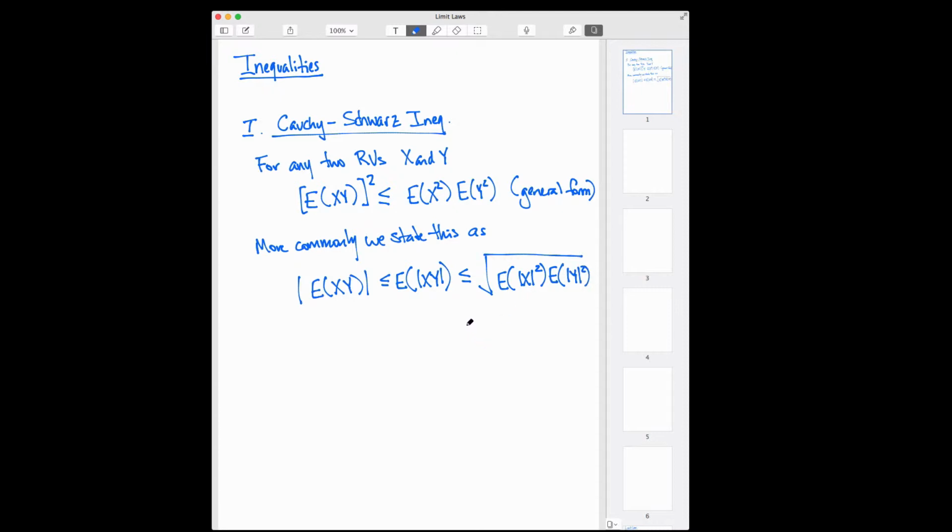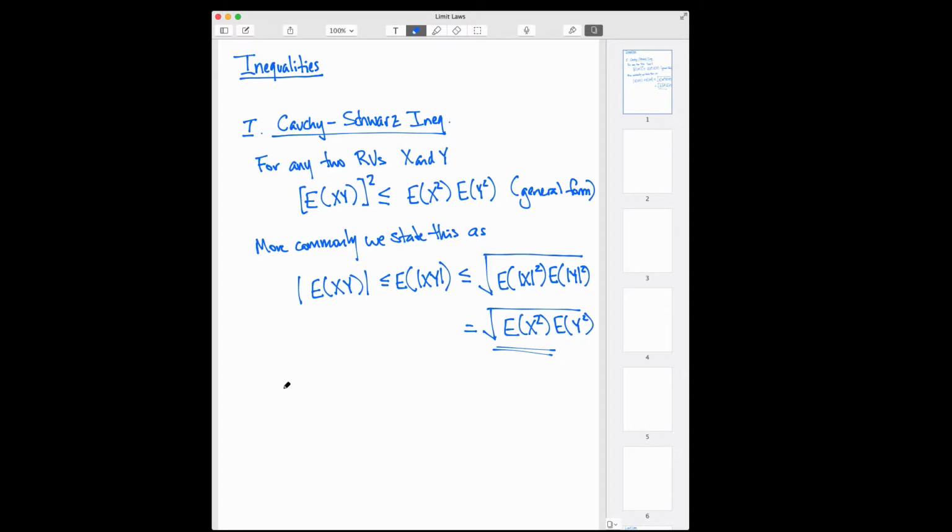And then you'll note that this is going to be equal to the square root of the expected value of x squared multiplied by the expected value of y squared. So this is the general form if we think about the end result that we use in statistics.